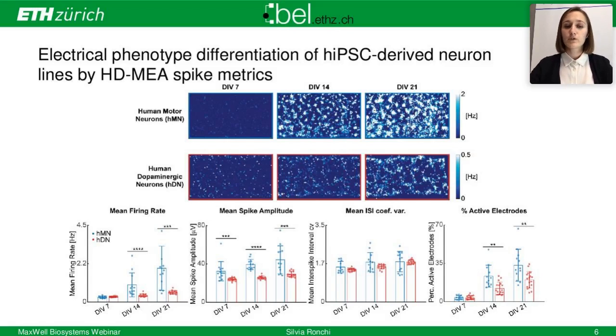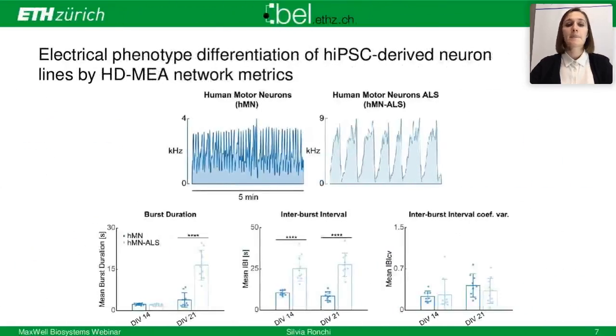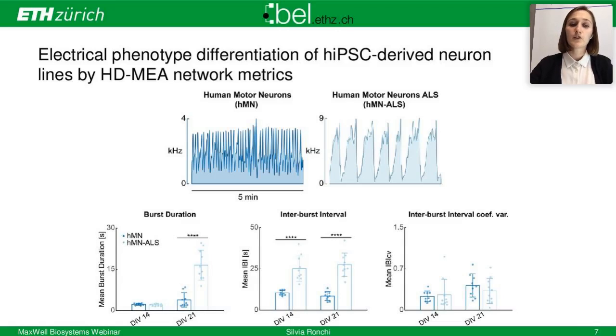So using these four parameters, we could find initial differences between the wild-type lines. And then we wanted to investigate also differences between the disease line and the healthy lines. At first, we started with the human motor neurons, the wild-type line and the isogenic disease line. What you see on top of the slide is the bursting activity of one wild-type MEA in darker blue and the isogenic disease line MEA in lighter blue.